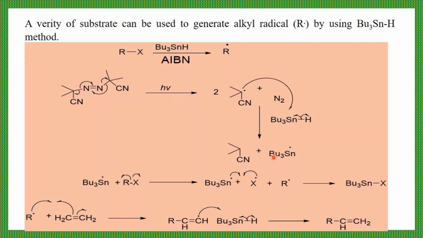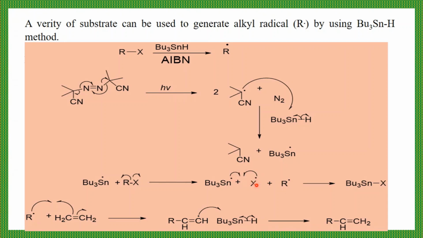Again, in the next step, this generated tributyl tin radical reacts with your alkyl halide. So this alkyl halide undergoes homolysis. It generates R radical and X radical. Then the tributyl tin radical reacts with the halide radical.